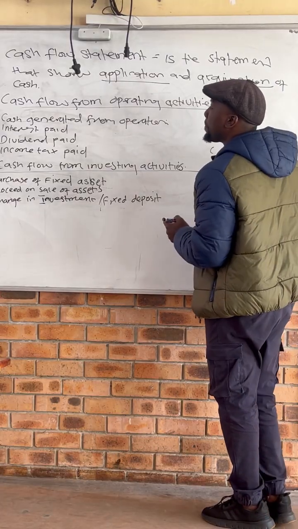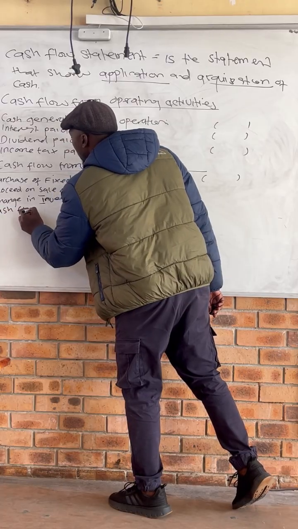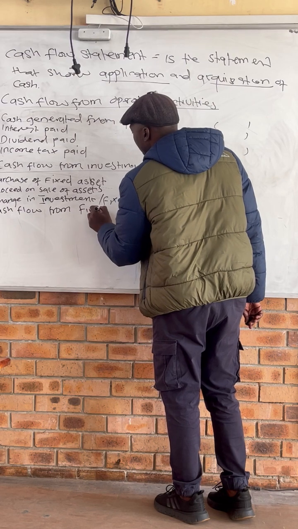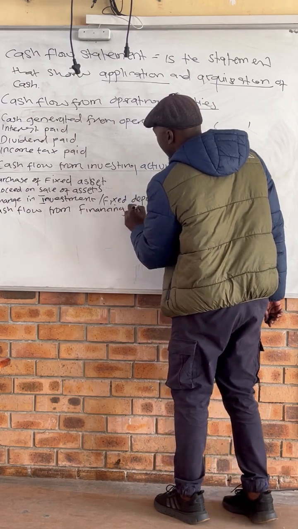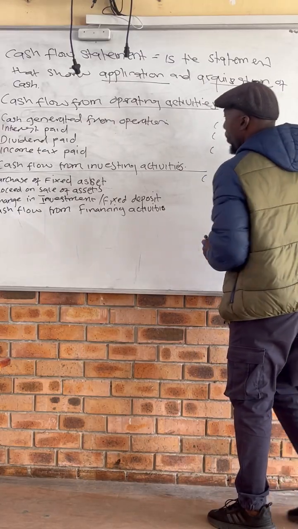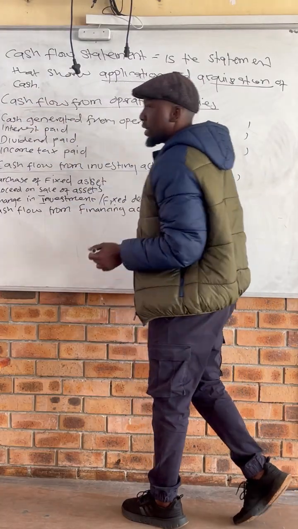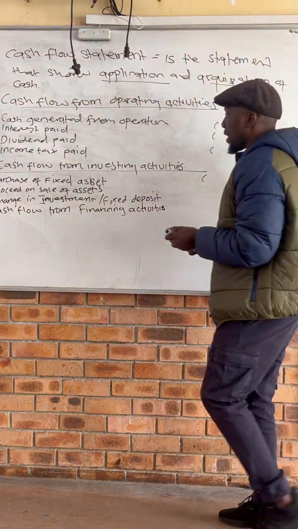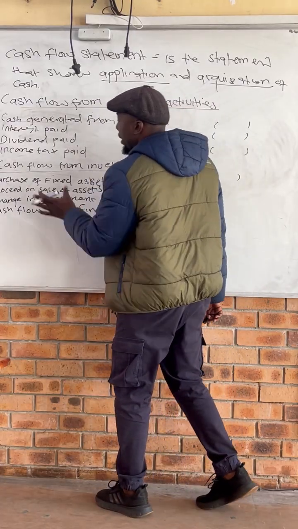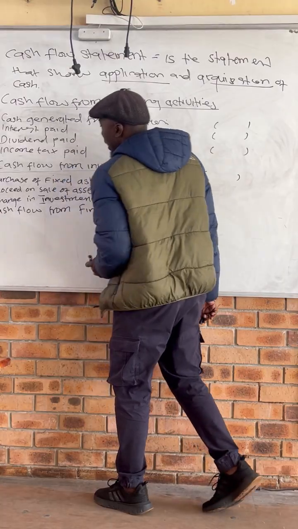Then we go to the third activities, which is cash flow from financing activities. Here we are going to look again. I'm using acronyms, CD, PPC. Usually I tell my learners, if you are not given anything here, you can just go for A, B, C. It's easy to memorize.